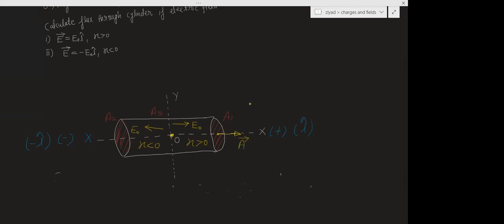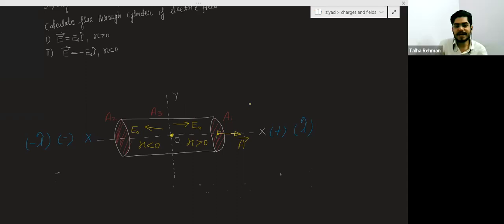Why am I taking this direction? Because 90 degrees to the area is the direction of the area vector. When you take a vector which is 90 degrees to the area, that is the direction. If you are taking an area here, the direction of the area vector you will find here.